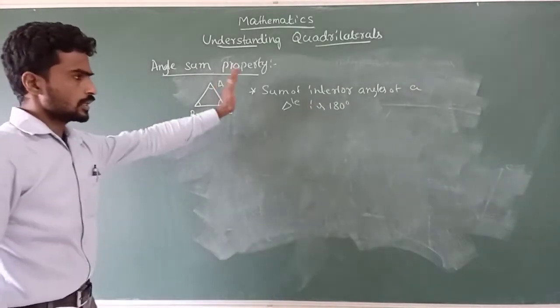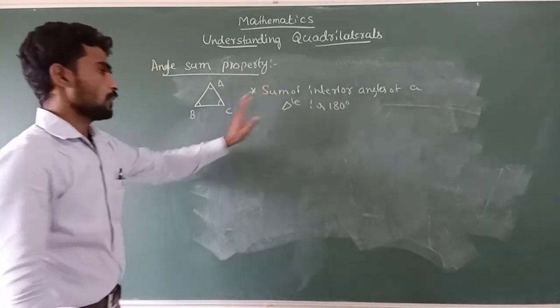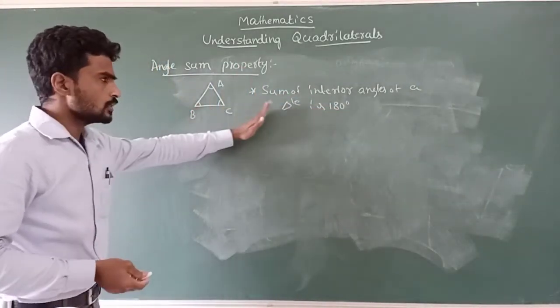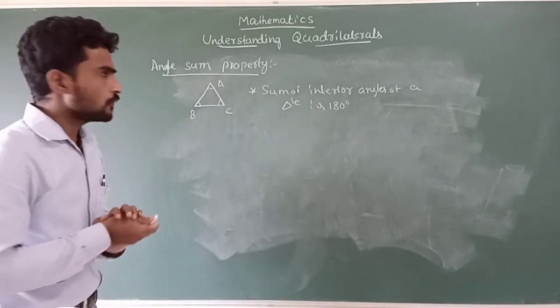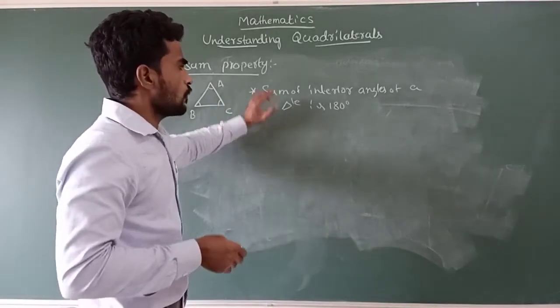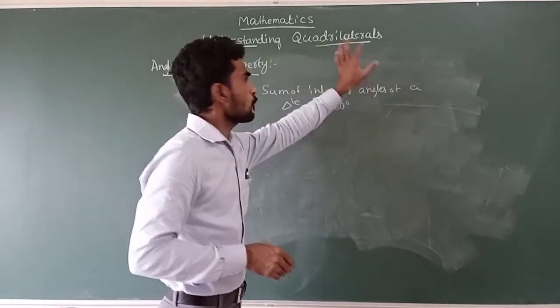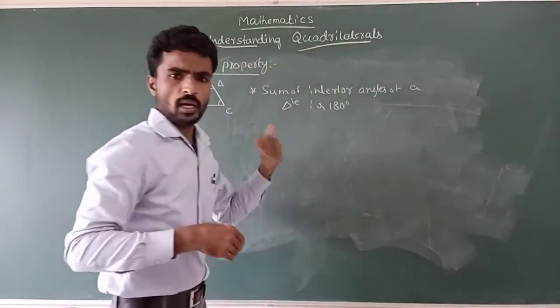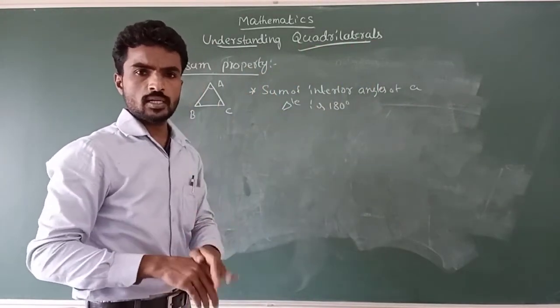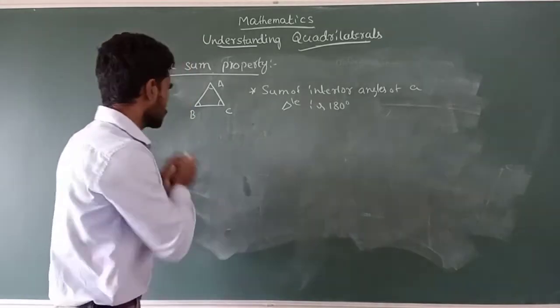This is an already known property. By using this property, we can find out the sum of interior angles of a quadrilateral. Quadrilateral means it has four sides and four angles.